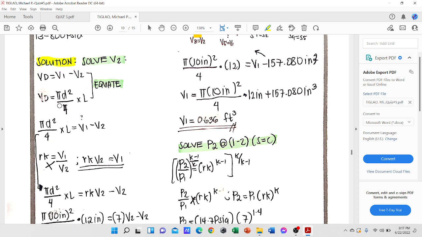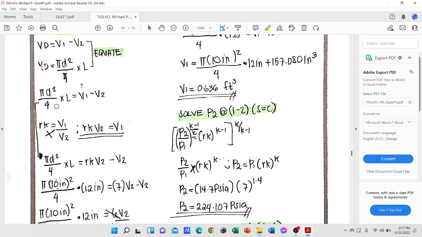To get the final formula for volume 2, I equated the two formulas for volume displacement. So it became pi d squared all over 4 multiplied by the length equals V1 minus V2. In the formula, we don't have V1 yet, so we will look for V1 first.